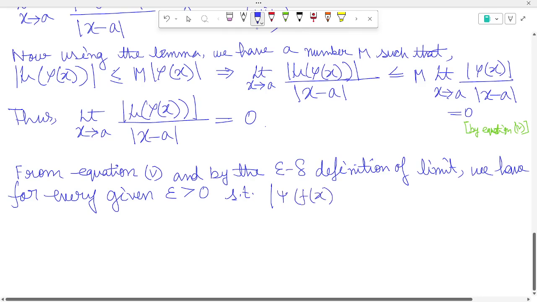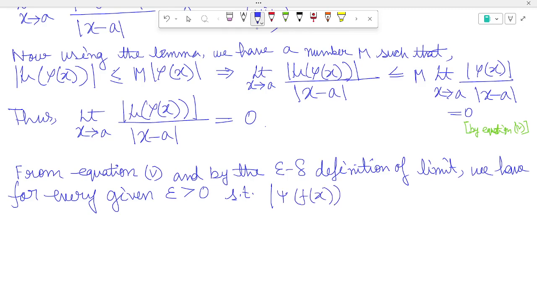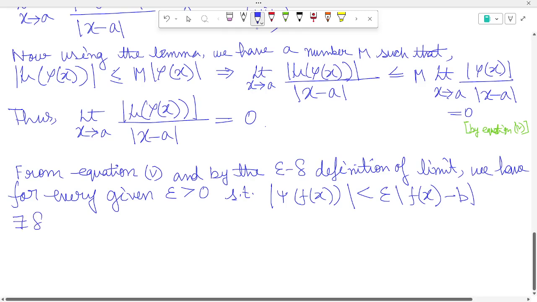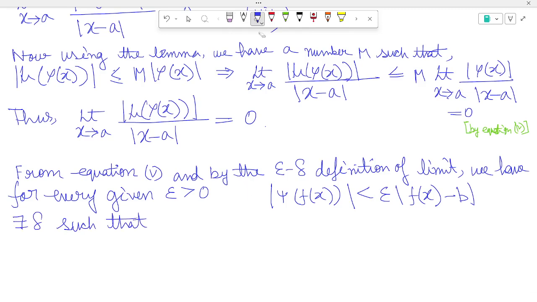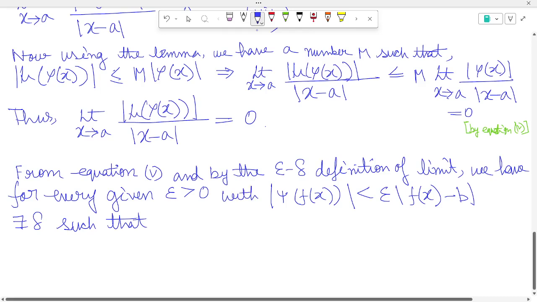Psi of f(x) less than epsilon times |f(x) minus b|, there exists delta such that, with, there is a positive delta such that this.